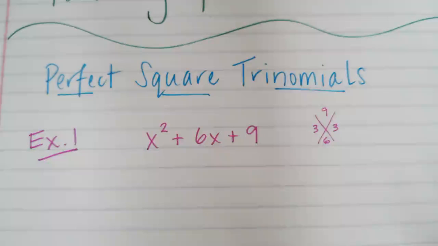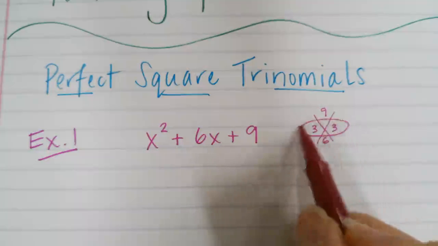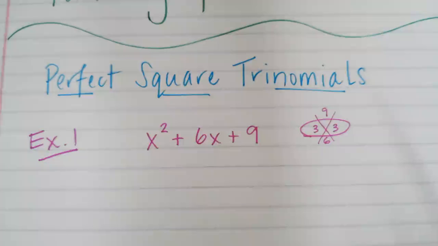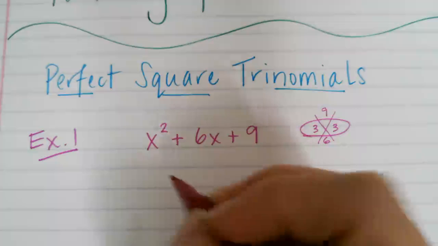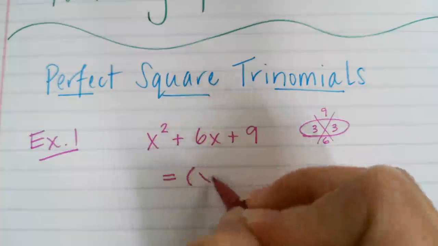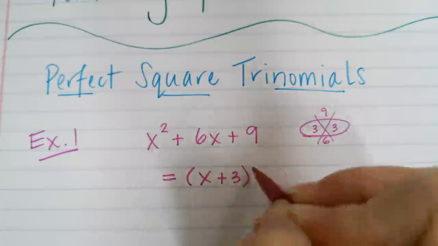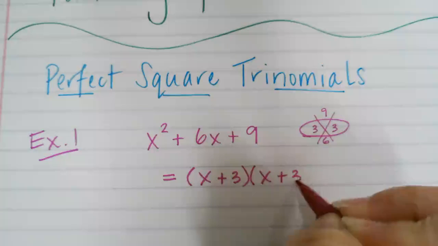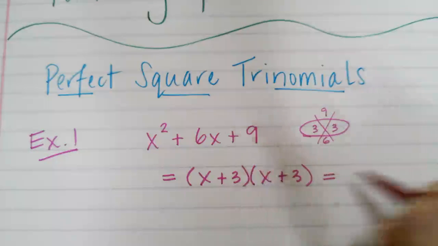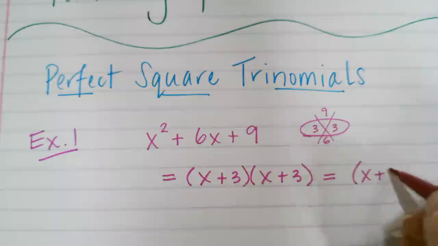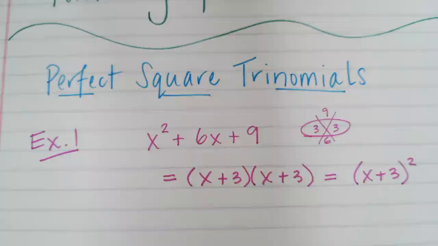So the reason why this is unique is because when we get our magic numbers, they are the same. So this would be x plus 3 times x plus 3, which we could write as x plus 3 squared.